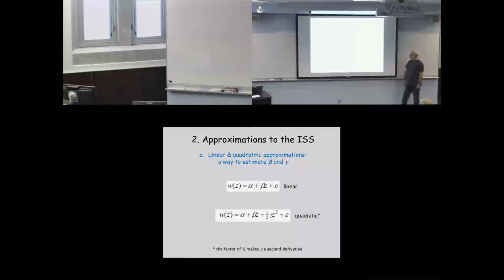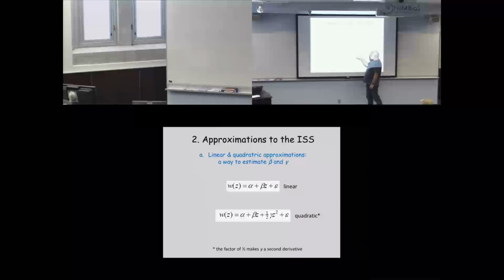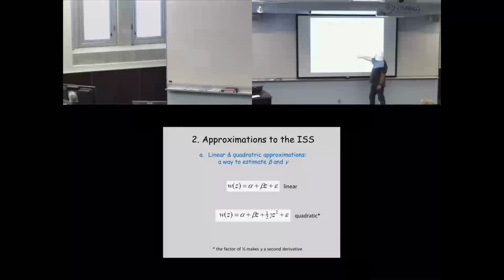Voila. So that's nice. We can also do a quadratic approximation to the surface, which means we have a second term in squared values of the trait. And this coefficient here is miraculously gamma. This gives us our best estimate of gamma. And we've got this peculiar 1/2 out here. Normally you wouldn't have it.